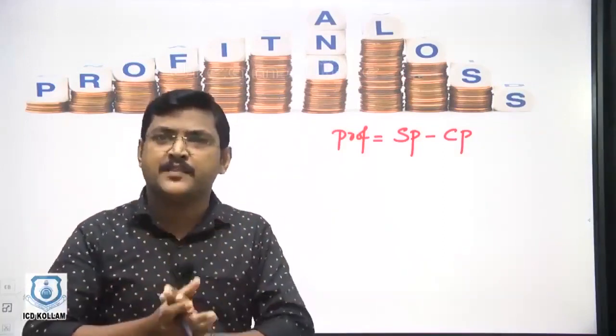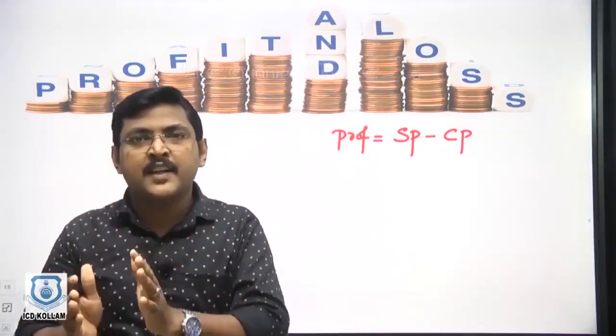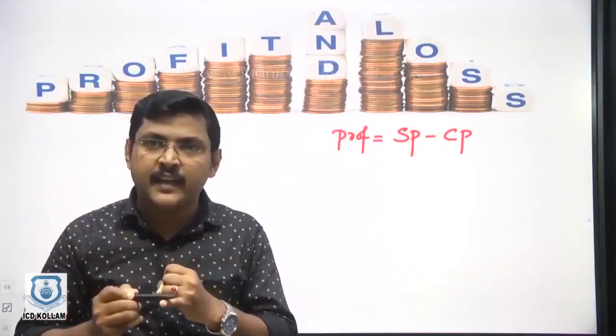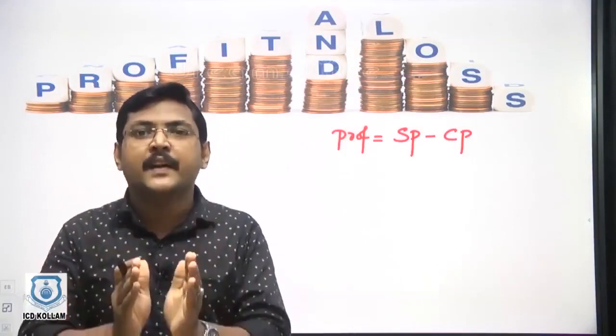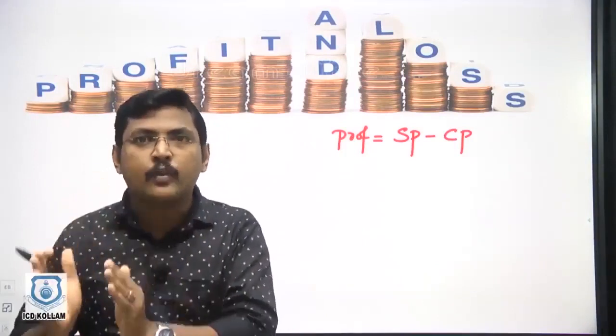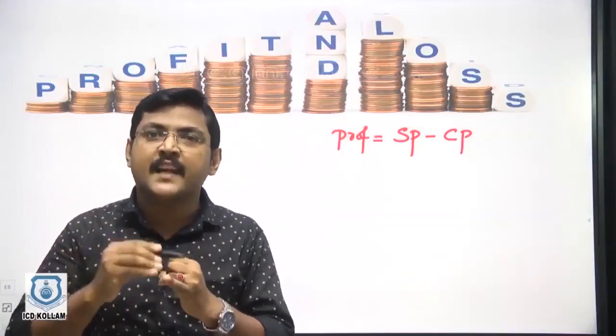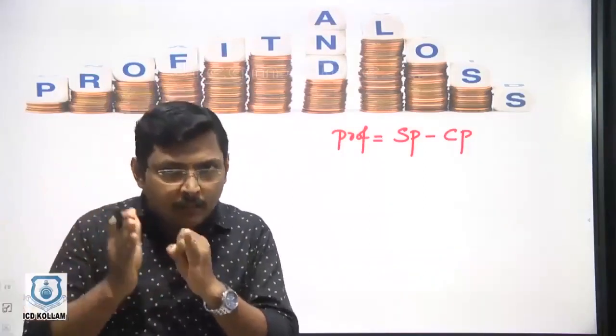That is called the selling price. Always remember that the selling price is less than or equal to the marked price. Maybe the marked price is equal to the selling price, or otherwise the selling price will be less than the marked price.